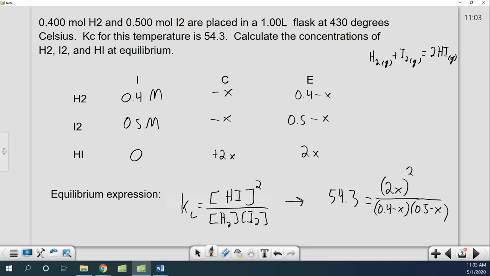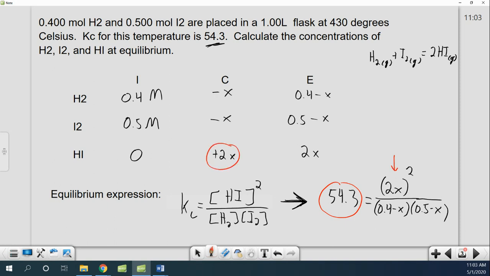So I just rewrote what I did on the last page real quick, except here, down at the bottom, I plugged in my numbers. I knew the K value, the equilibrium constant's 54.3, so I plugged that one in right here. And I've got whatever my HI is up here at equilibrium.